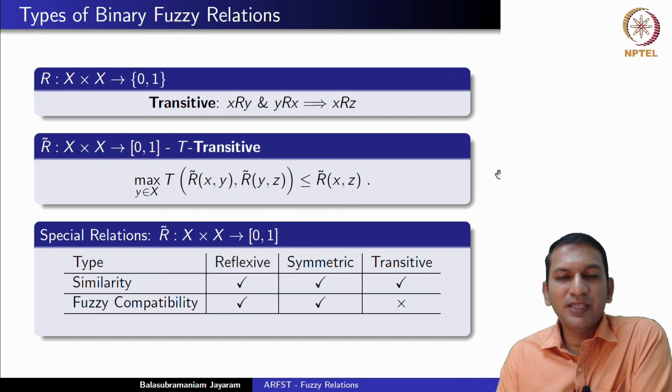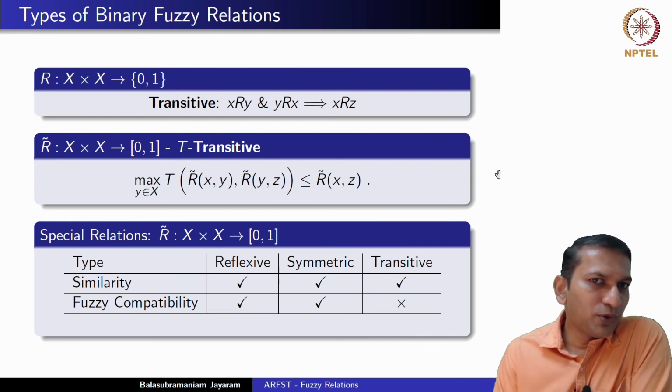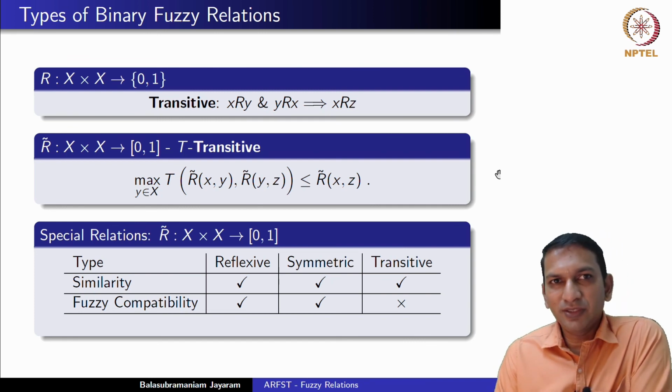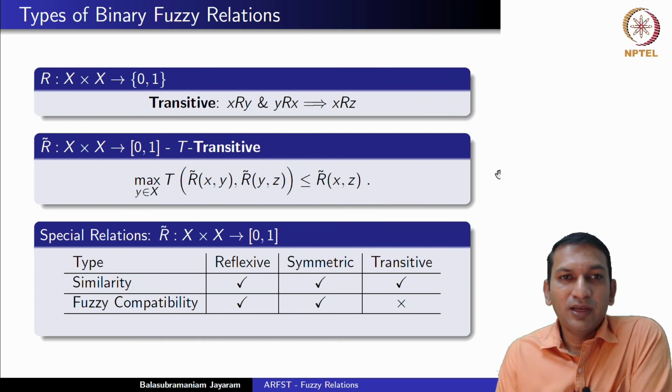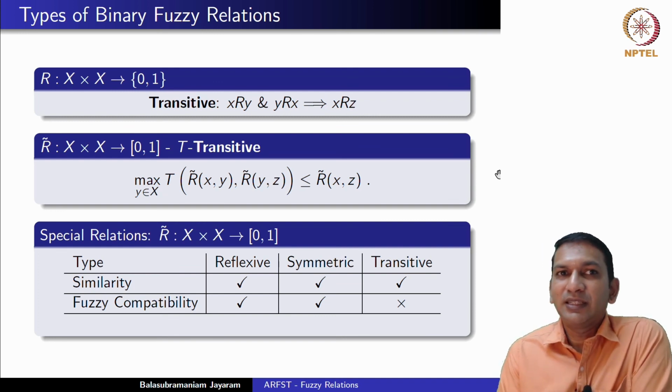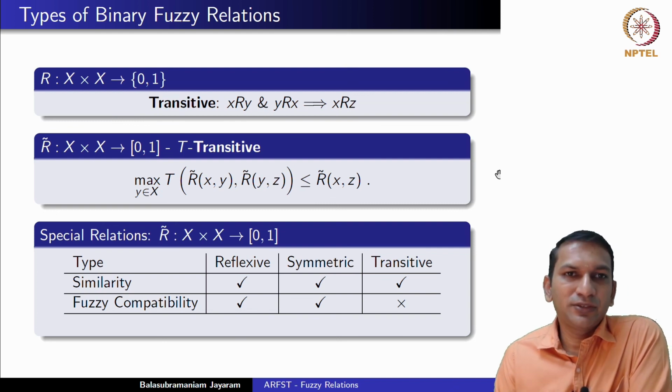If it is only reflexive and symmetric and not transitive, then we call it a fuzzy compatibility relation. These are two very important types of fuzzy relations. Moving forward, in this week, we will see their role in analyzing data itself, based on the properties that they allow us to extract from the fuzzy relations.